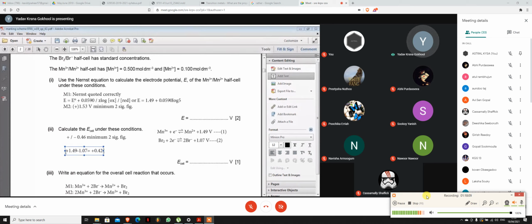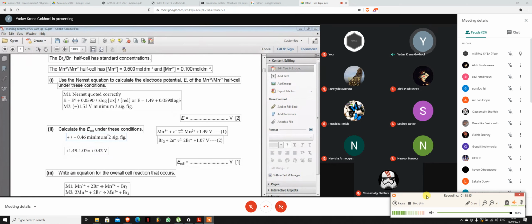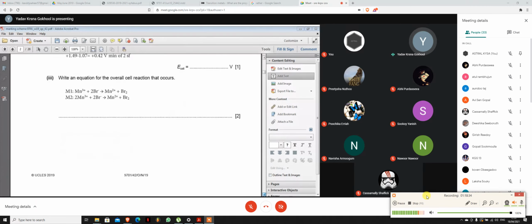The last paper also I had in the data booklet got plus 0.6, but it was giving something else. So I'm just going to use this one, minimum of 2 SF. This is the answer. Now you can work it out, where you have to multiply by the common factors.